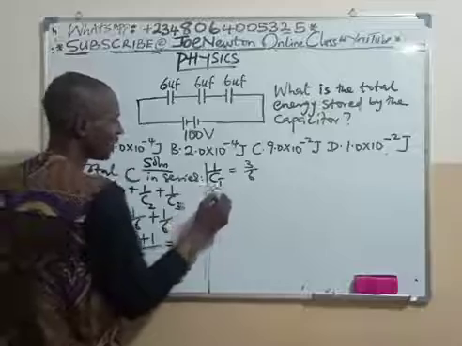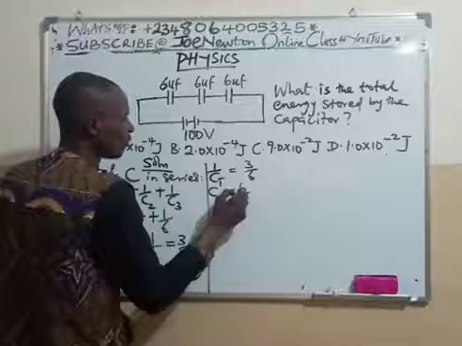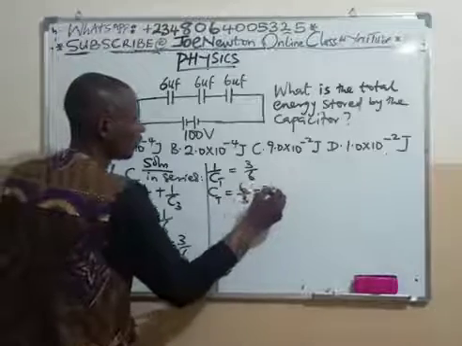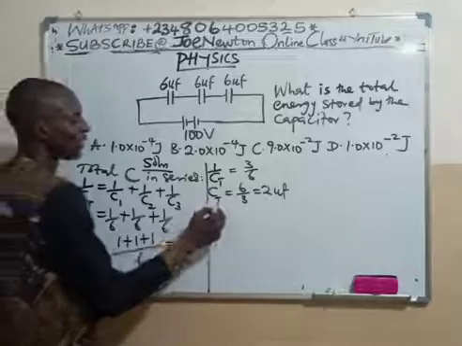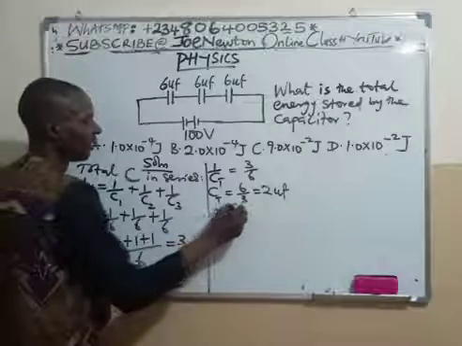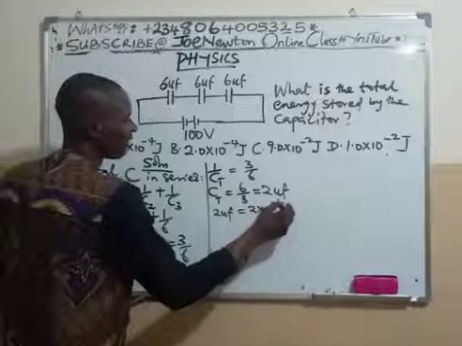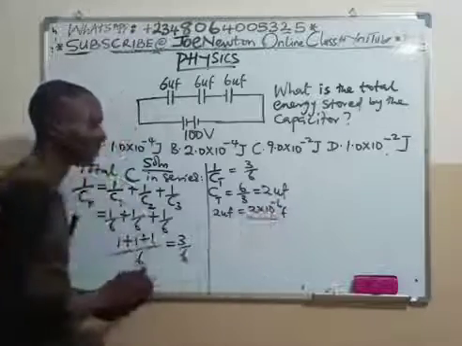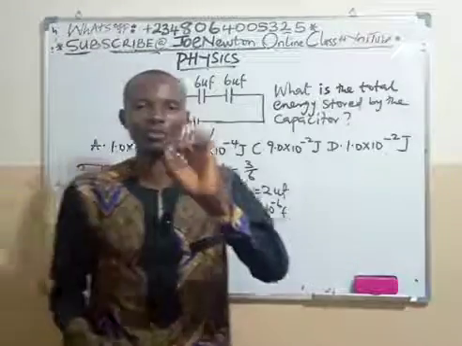Therefore, our C total will be the inverse of 3 over 6, which is 6 over 3, which is equal to 2 microfarad. And do not forget that 2 microfarad is equivalent to 2 times 10 to the power minus 6 farad, because 1 microfarad is 10 to the power minus 6 farad.